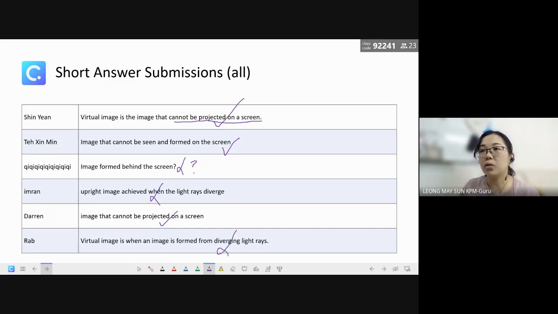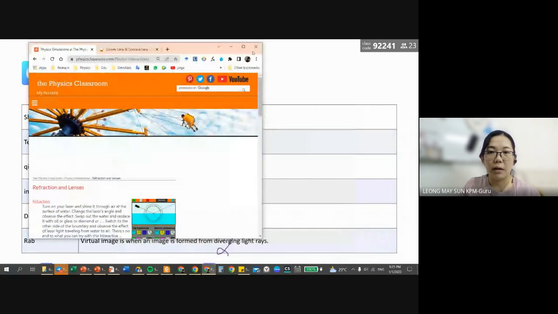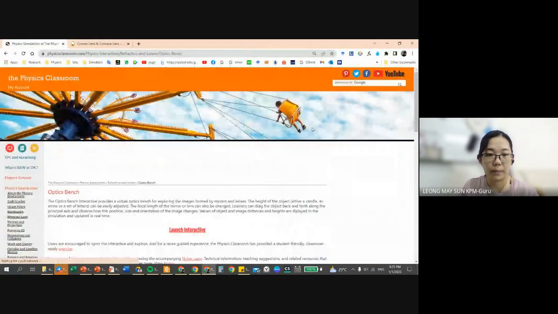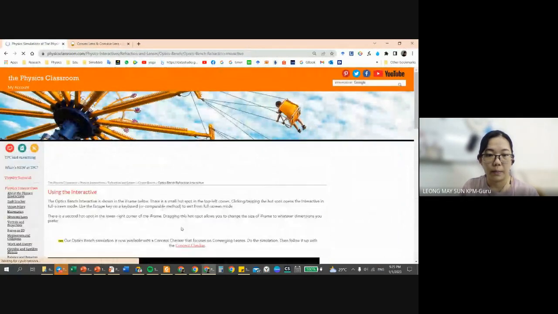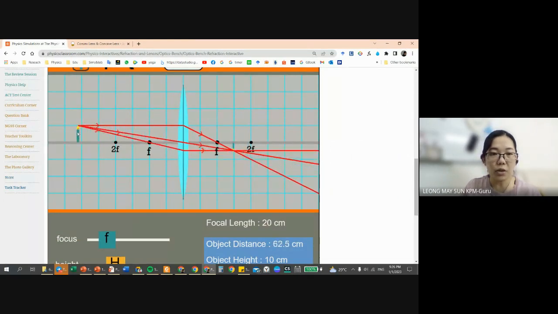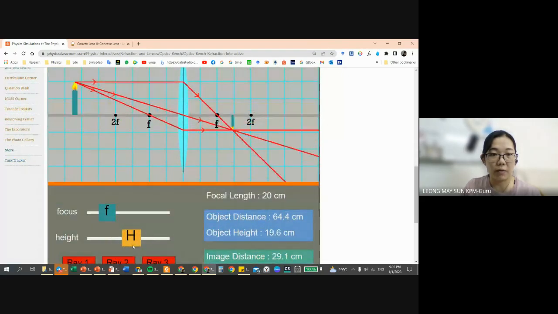All right, so I'm going to show you guys simulations right now on the refraction of lens. This is my lens. Now, on the left hand side, this is my image. If my image is a far away image, and let's say I make it very, very big.